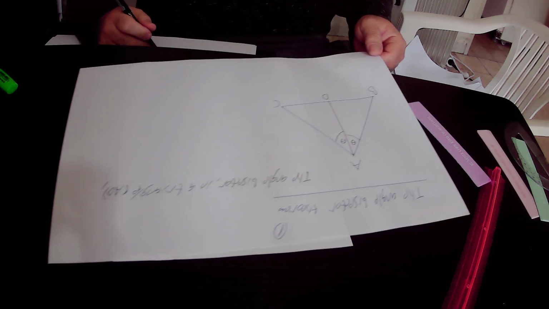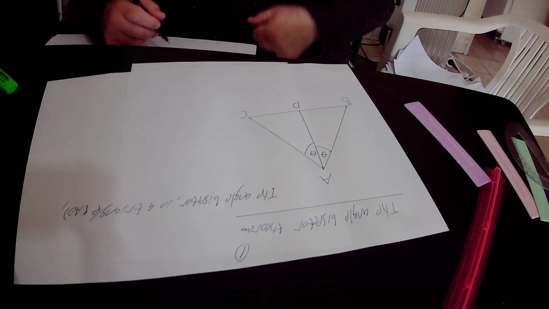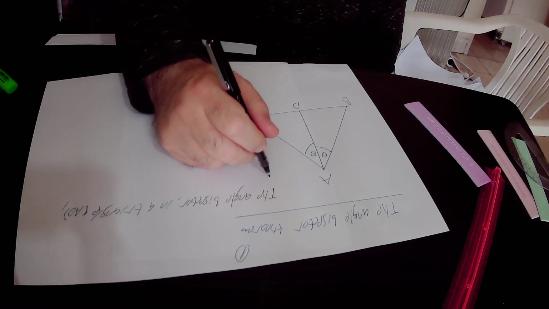So the angle bisector in a triangle divides the side that it hits.